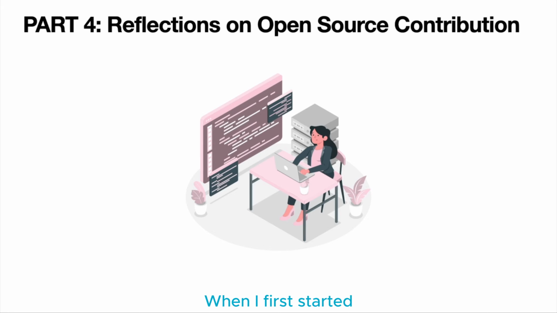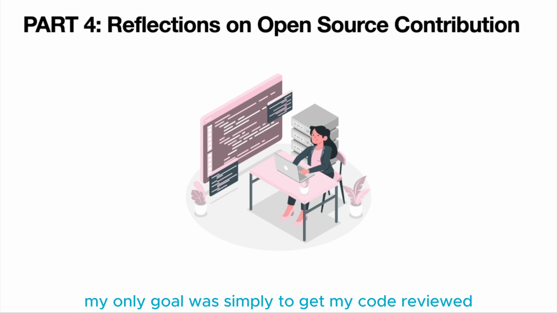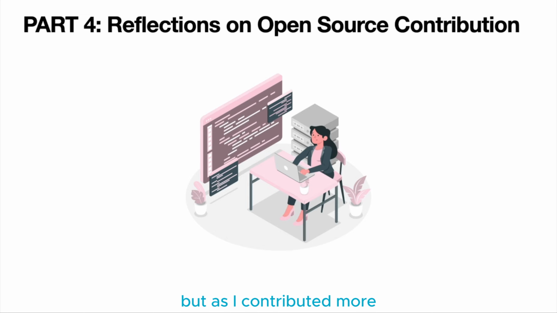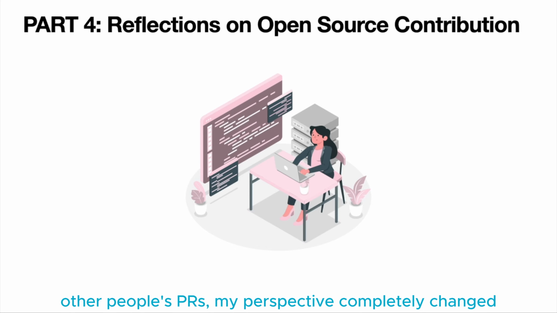When I first started, my only goal was simply to get my code reviewed. I just wanted someone to look at my work and merge it. But as I contributed more, and especially as I started reviewing other people's PRs, my perspective completely changed.